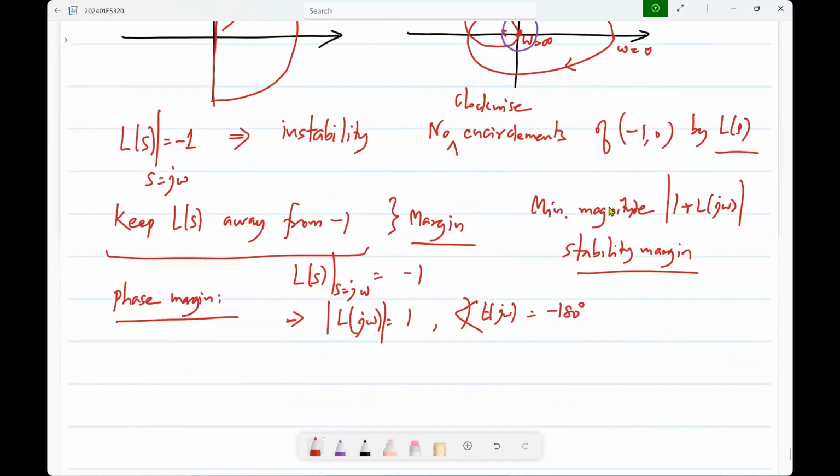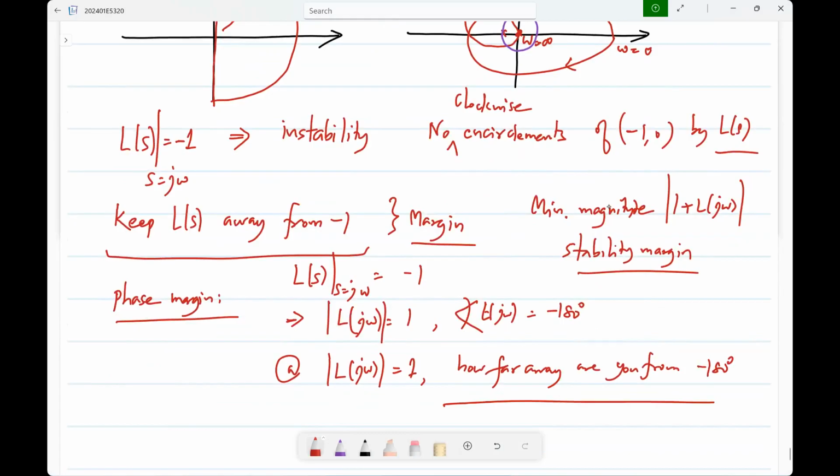The phase margin is telling you, at the frequency where the magnitude of L of j omega is 1, how far away you are from minus 180 degrees. The phase margin is how much additional phase shift you can introduce in the loop before it becomes unstable.